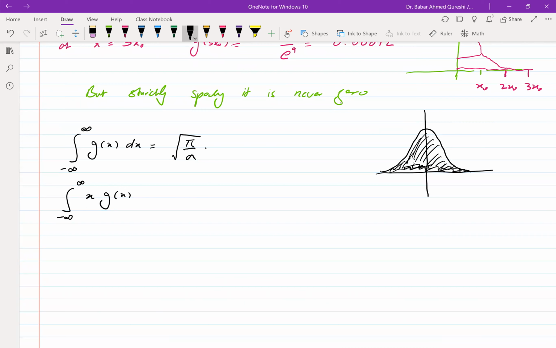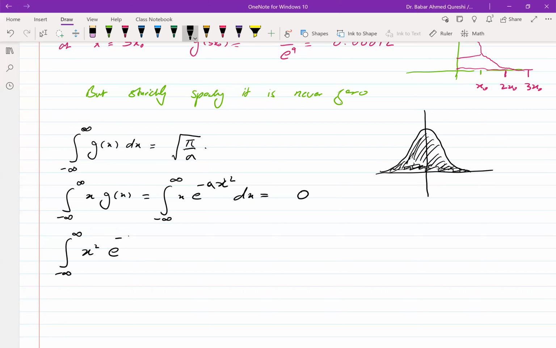And if I do this, well, maybe I should write the full function for clarity. This is zero. If I multiply the original Gaussian with x and then compute the integral, this is 0, which makes sense because it makes the integrand odd, and within symmetric limits that's 0.